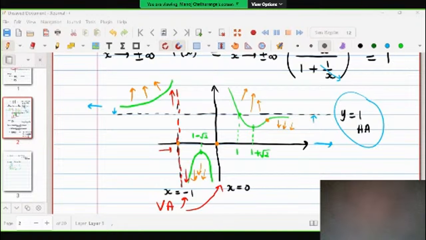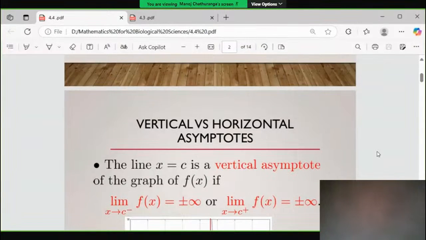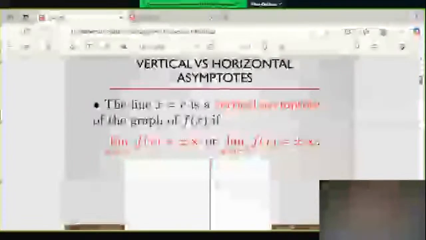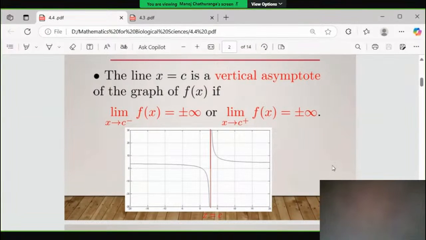I wanted to show you vertical asymptotes and horizontal asymptotes using an example. I hope you now have a clear idea about vertical and horizontal asymptotes.